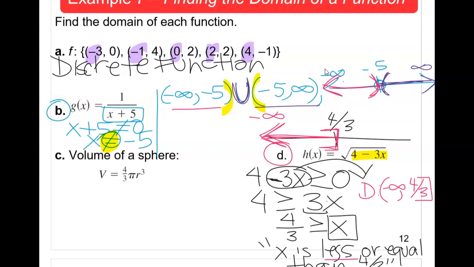So for this discrete function, the domain is going to be the set of the numbers -3, -1, 0, 2, and 4.